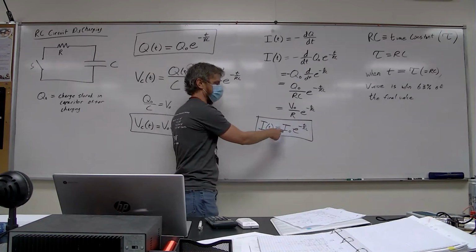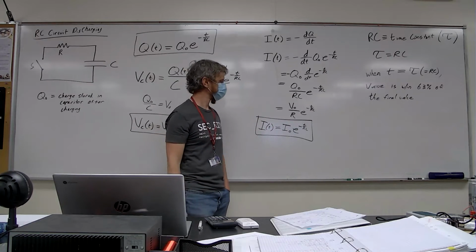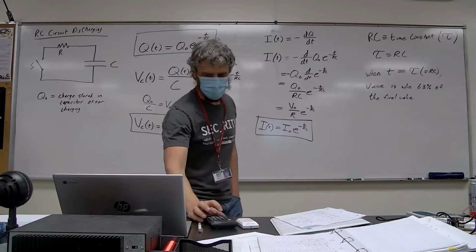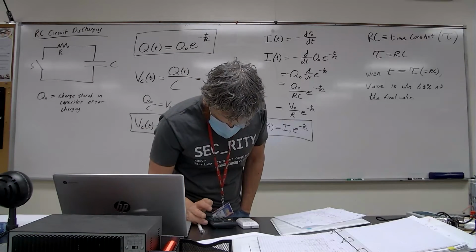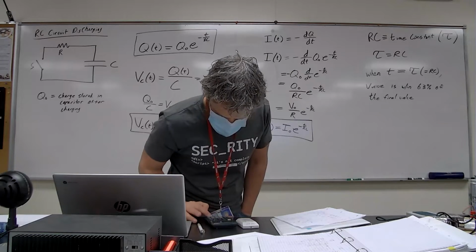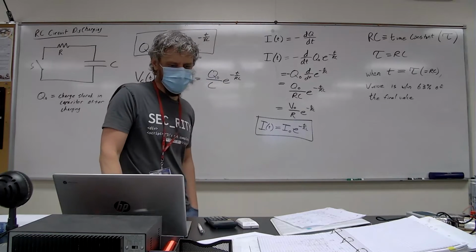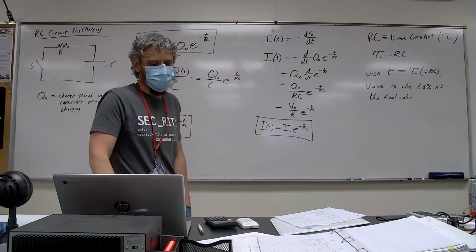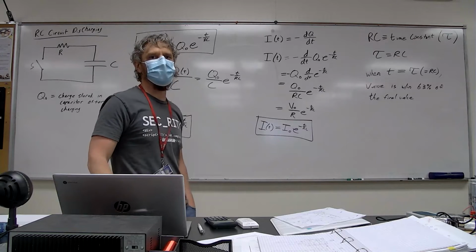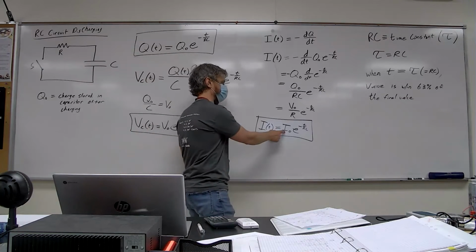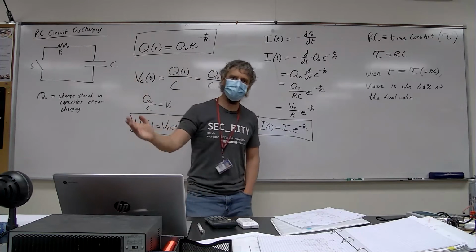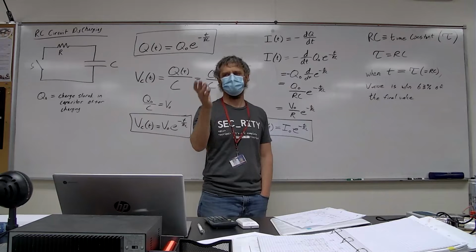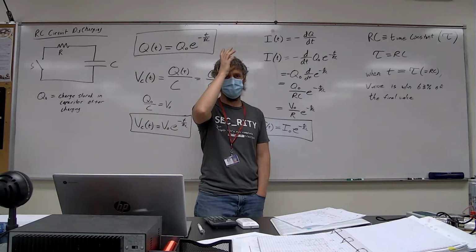And 1 divided by e is 0.3678, or about 0.37, so about 37% of the current is left over, and you've dropped by about 63%.